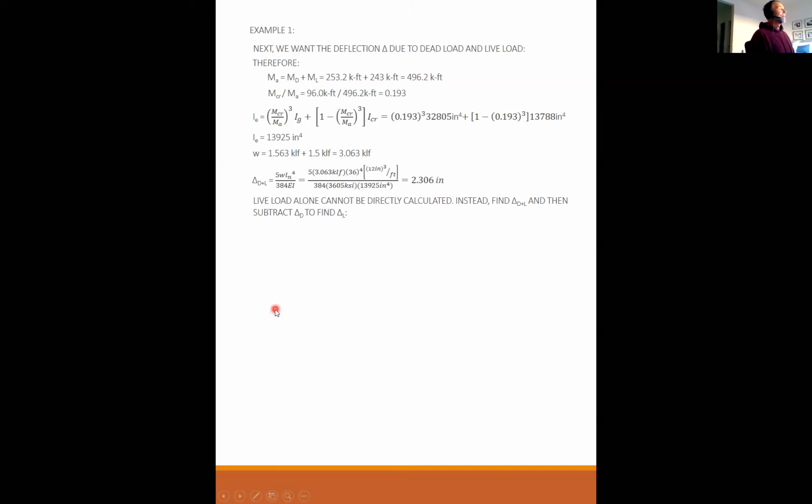Okay, you cannot evaluate the live load alone. You cannot plug into this equation your moment just due to live load and get the right answer. Now, why is that? Because the live load will never be on that building all by itself.